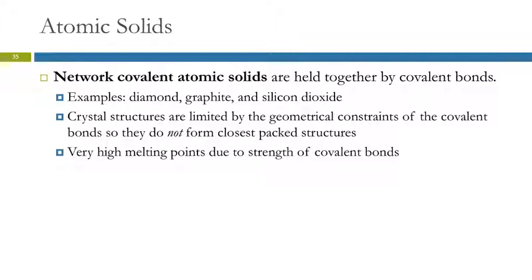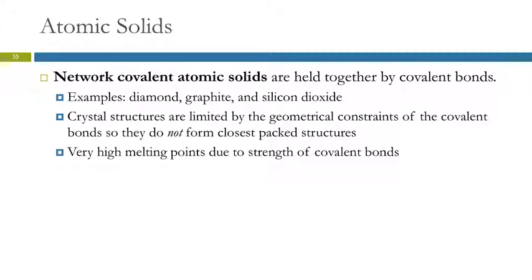And then there are network covalent atomic solids. These are atomic solids. They are composed of atoms, but the atoms are actually covalently bonded to each other. Examples are diamond, graphite, and silicon dioxide. The crystal structure here is not closest packed because the atoms are bonding together, and so they're going to be limited in the geometry by the types of hybrid orbitals they form.